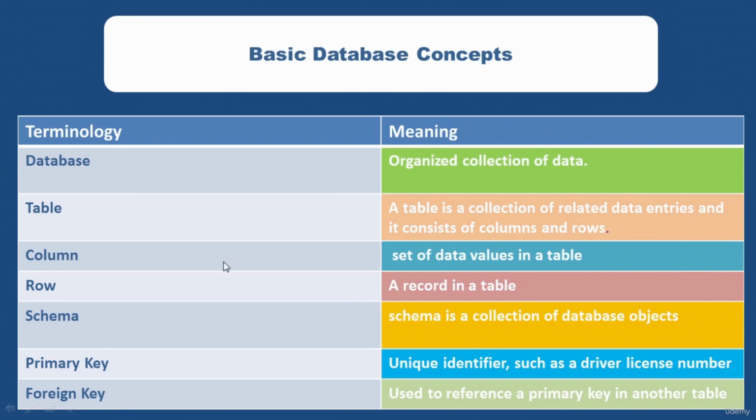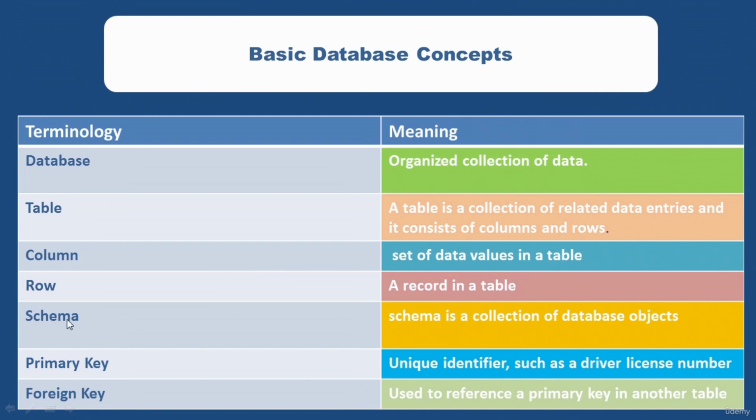So basically, this is how a table is structured in a database. Each row in a database table is referred to as a record.